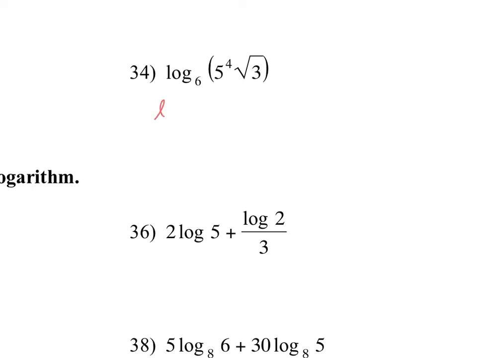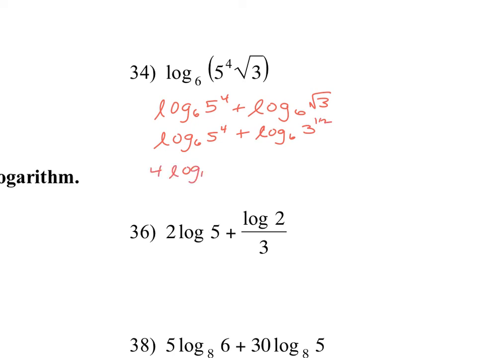I'm going to use that product property to make this log base 6 of 5 to the 4th plus log base 6 of square root of 3. And I know that the square root is the same thing as a power of 1/2. And now I can use my power property to pull that in front. And I have expanded it.